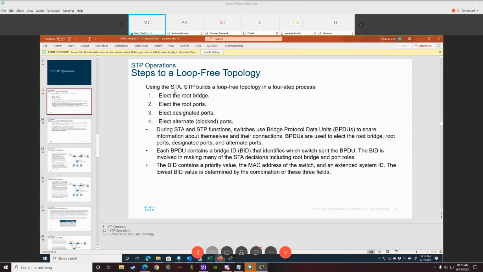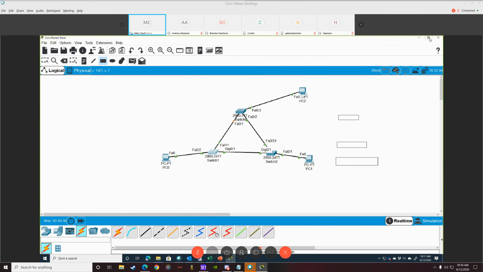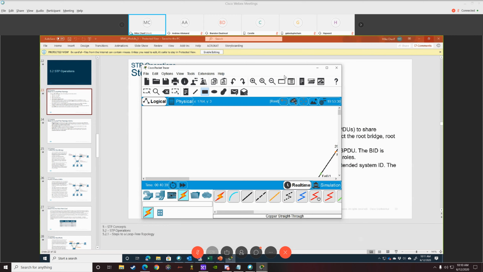What does STA stand for again? Spanning Tree Algorithm. So the first thing we need to do, remember we said we need the reference point. We need to elect the root bridge. Let me see if I can make this smaller.